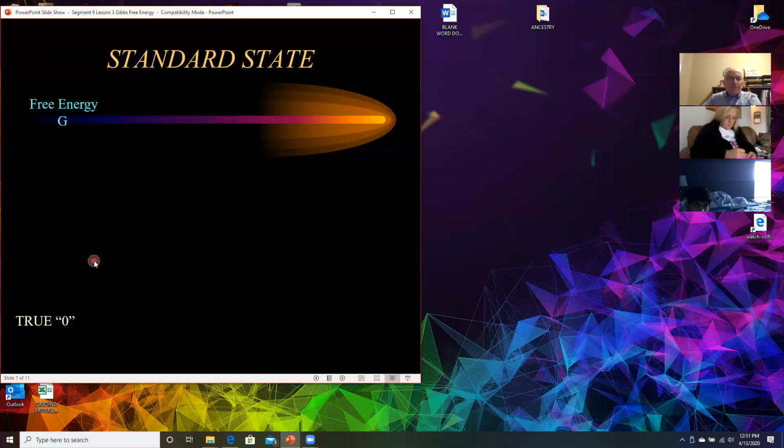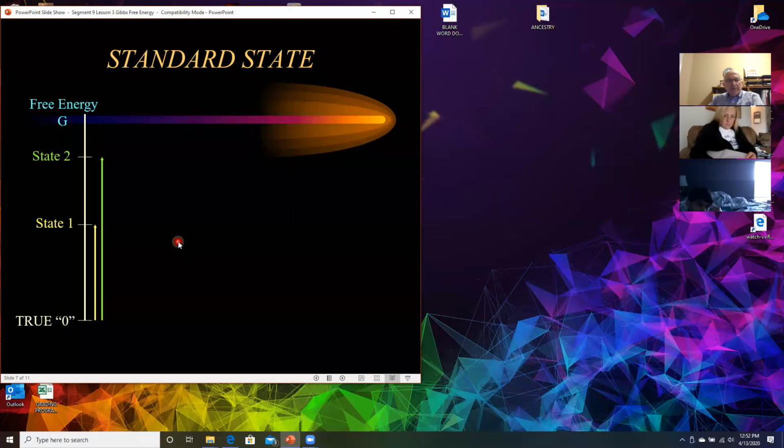So if I look at the free energy for state 1 from this true 0, this is going to be the change from here, and this is going to be the free energy going to my state 2, which is up here somewhere. Now, that's the free energy all the way from true 0 to state 2.